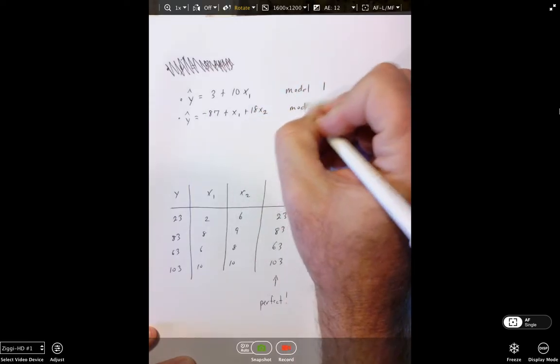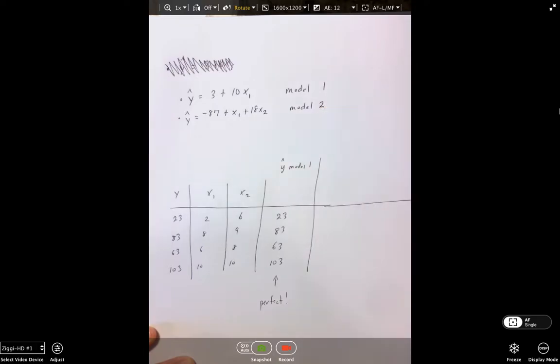Let's call this model 2. So y hat equals negative 87 plus x1 plus 18x2. So let's do a little bit of work here. If we put negative 87 plus 2 plus 6 times 18.